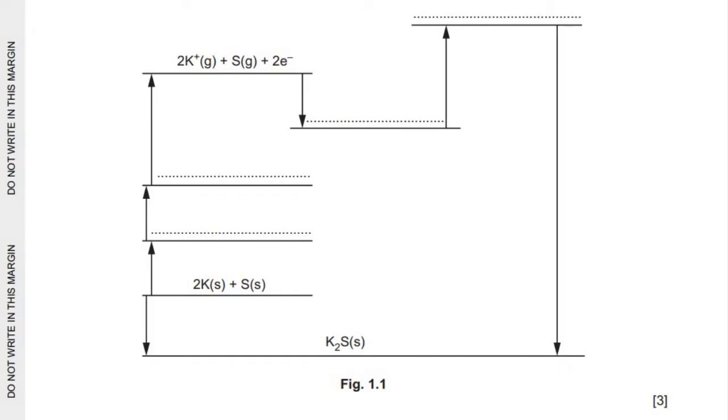Now obviously K2S is a solid here, so let's start with the first step, which is the atomization of both the elements. So atomization is, we are using 2 potassium, but that has to be atomized into gaseous form. So solid is changing to gas, that's the only thing.